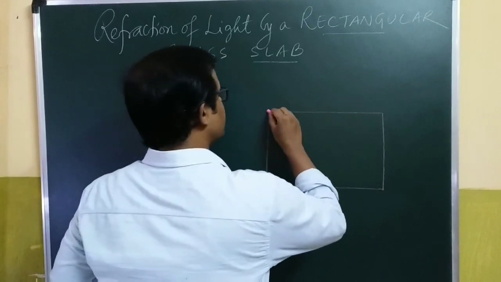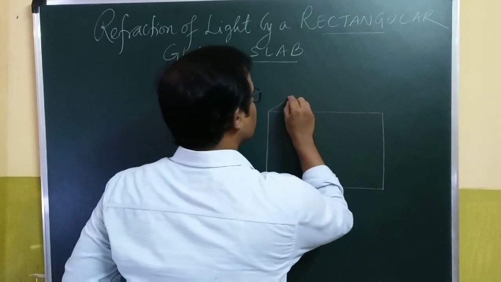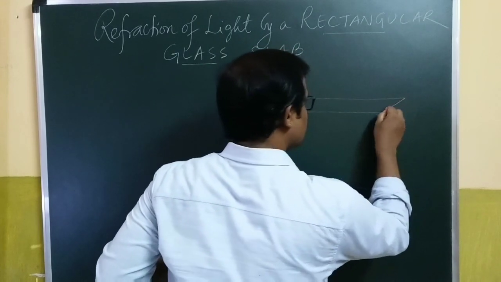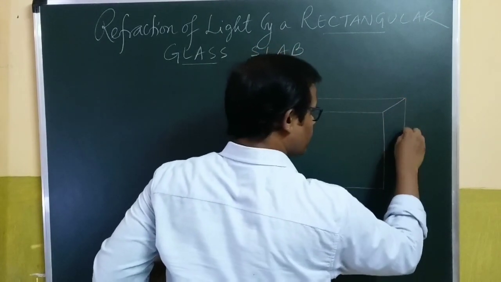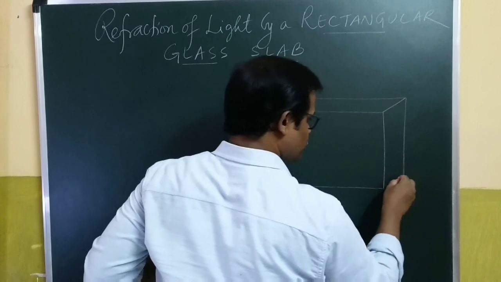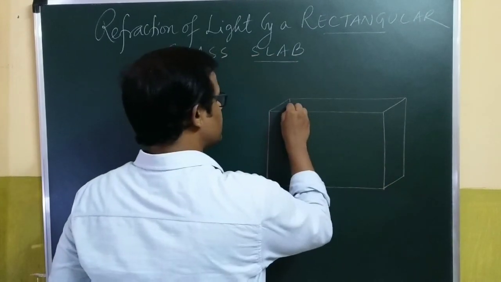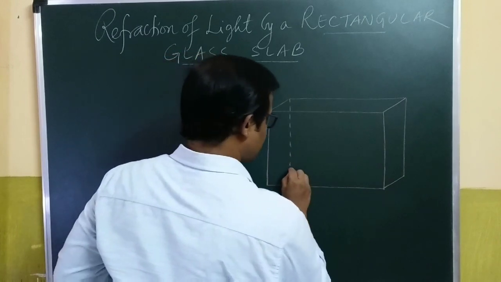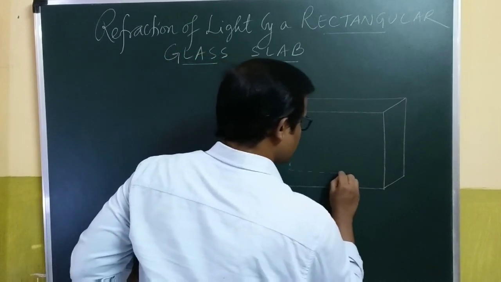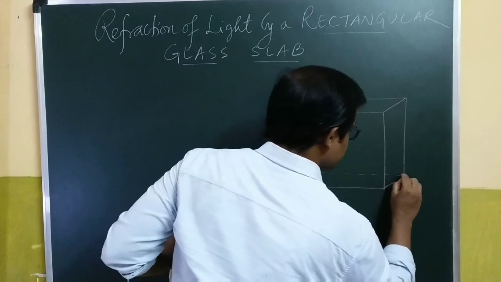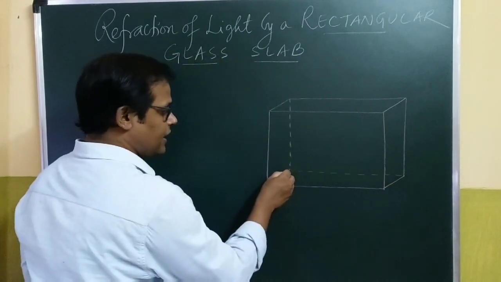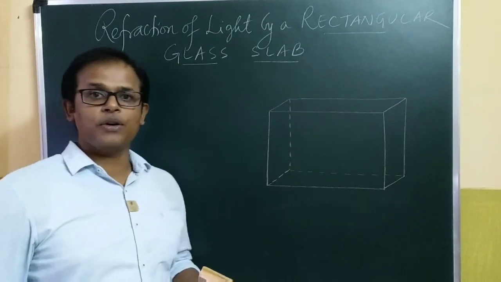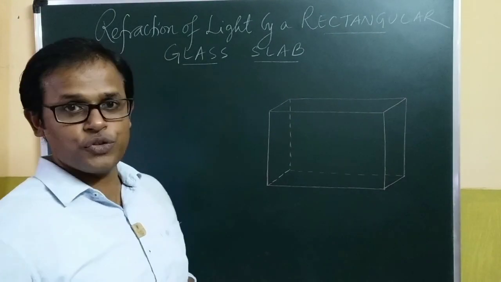To give you a 3D feeling, it will have length, breadth and height, or what we call depth. It is made up of dense flint glass, a very thick piece of glass, which is also a transparent medium through which light can easily propagate. This is how it will look in 3D.